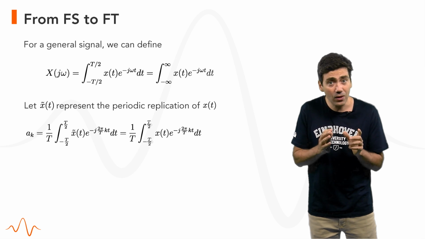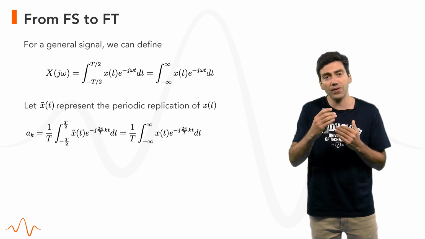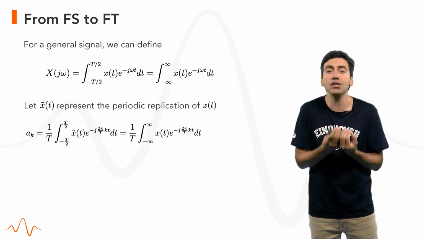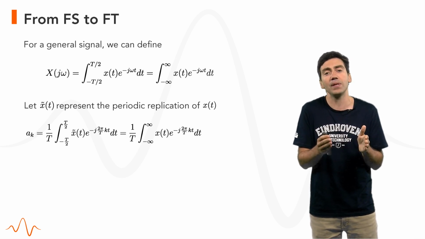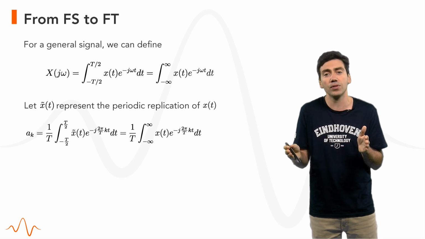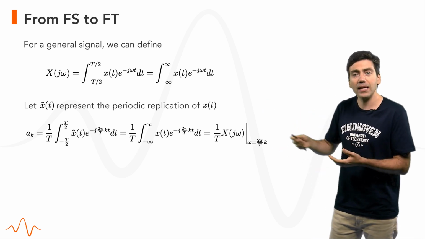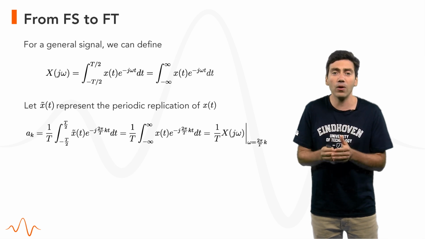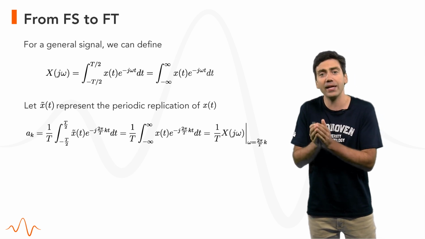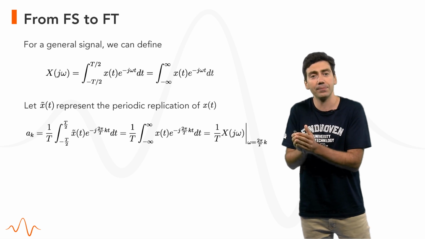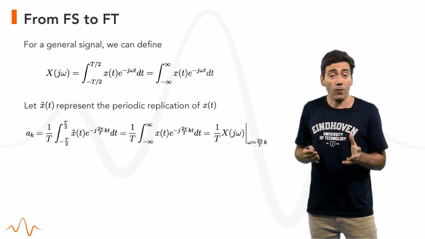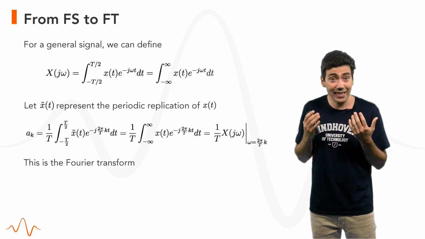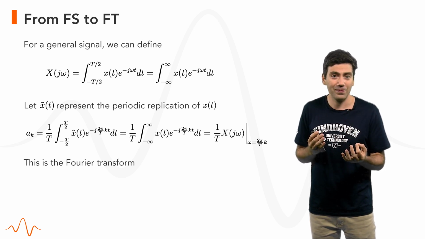Now that we have done so, we can change the limits of the integration, since x, not x tilde, but x is 0 outside of the interval between minus capital T over 2 and capital T over 2. And we get this function X of j omega evaluated at omega equals 2 pi over capital T k. Now, this X of j omega is in fact the Fourier transform.